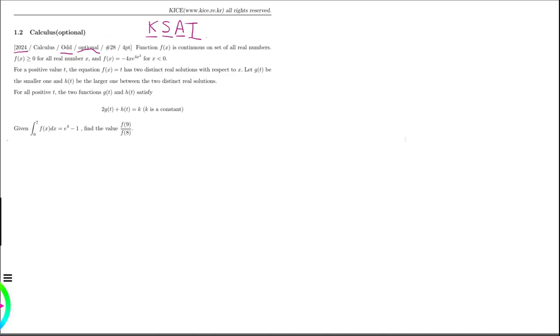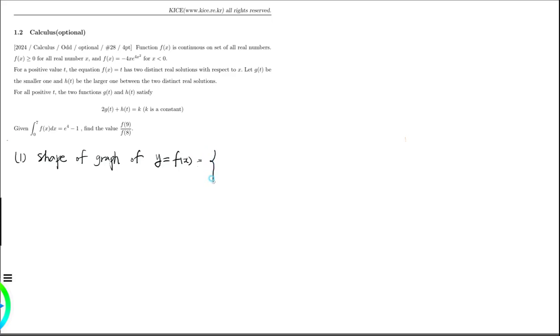Why this problem is rather difficult is related to the shape of each function. So consider the shape of a graph, let's just say the graph of the function y equals f(x).